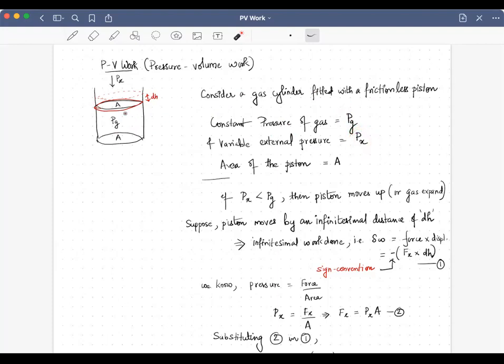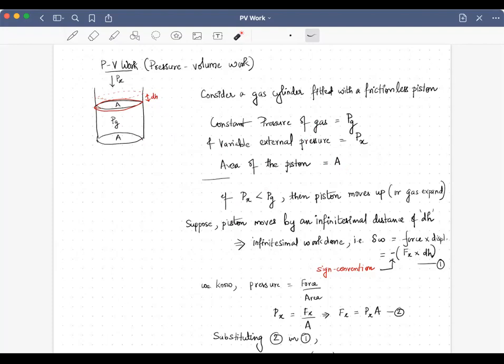That is the pressure that is coming from the outside. And then the cross-sectional area of the cylinder, and therefore the piston, is simply A. Its unit is length squared, whichever, meter squared, centimeter squared, depending upon the unit that you use. So the area of the piston is A.